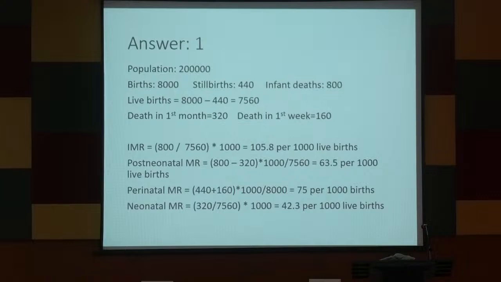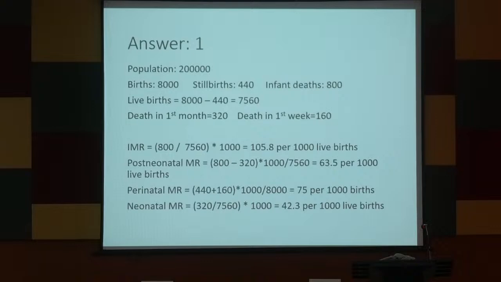So 440 stillbirths plus 160 who died in the first week, that is in the numerator, that is 600 individuals who died either as stillbirths or in the first week of life. You divide it by here 8,000. Why? Because in the denominator of perinatal mortality you include both the live births and the stillbirths.